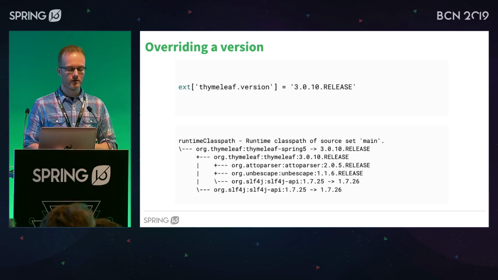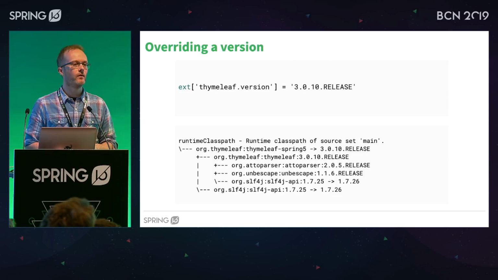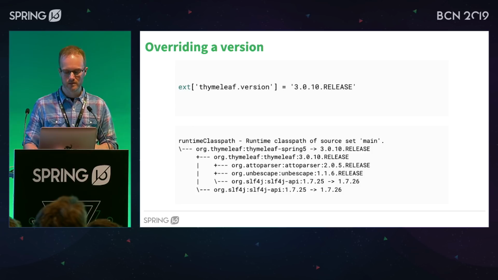So the versionless dependency declaration for Thymeleaf Spring 5 has been set at 3.0.10, and the Thymeleaf module upon which it depends is also at 3.0.10. So you avoid this mismatch of versions by overriding the property rather than by specifying the version on an individual dependency declaration.